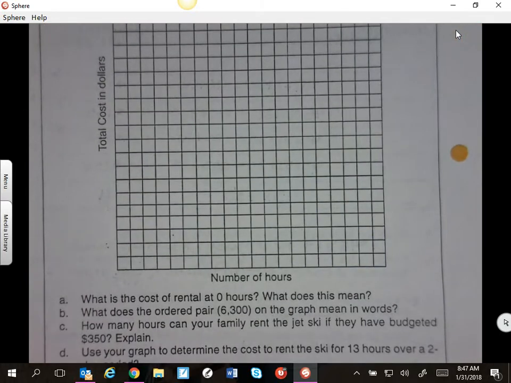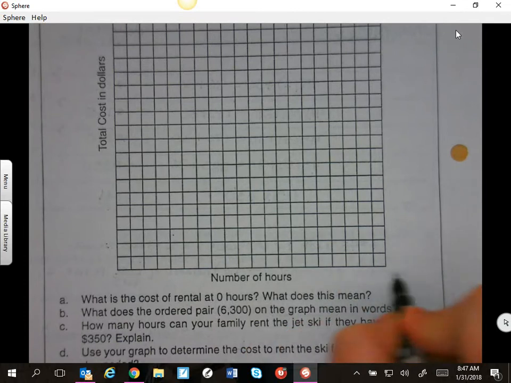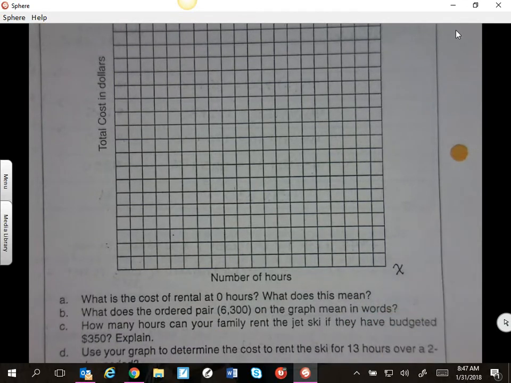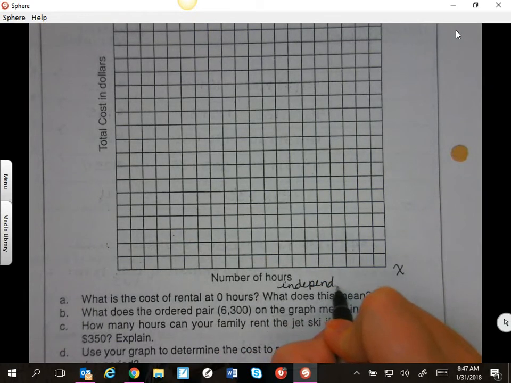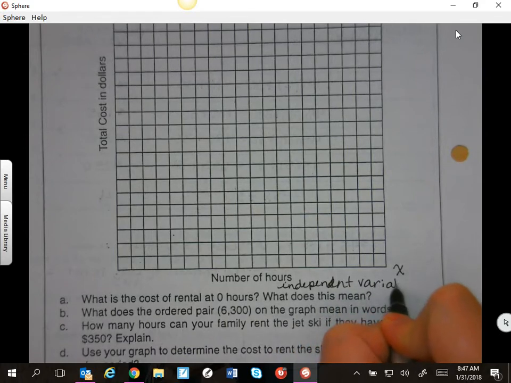Okay, I want to draw your attention to a couple of things. In our table, we said on the x-axis, our independent is our number of hours. So remember, your x-axis is here. This is always going to have your independent variable. This one, going up and down, this is our y-axis.